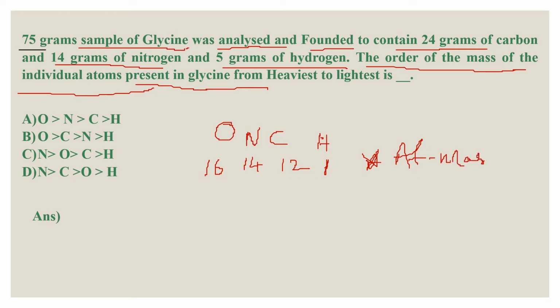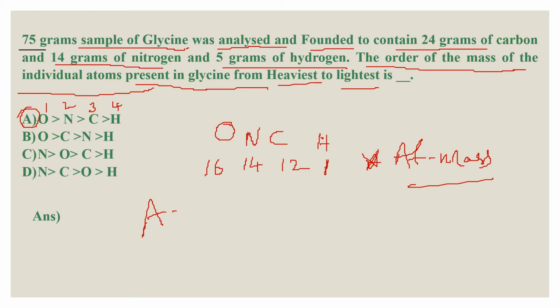You take any formula, naturally the atomic mass is constant. So that is why oxygen is always greater. So highest to least, first oxygen, nitrogen, then carbon, then finally hydrogen. So we'll get the answer, A is the right answer.